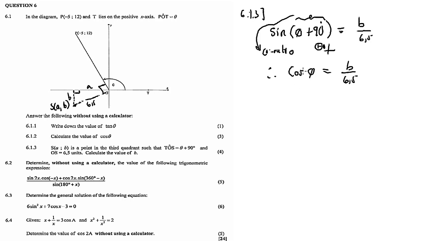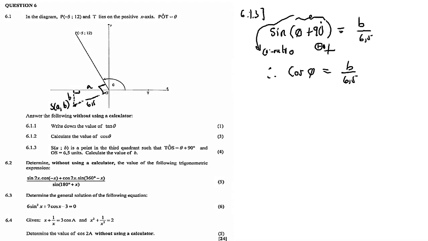So it's positive cos theta equal to B over 6.5. Remember cos theta on the previous question. On the previous question we found that cos theta is equal to minus 5 over 13.